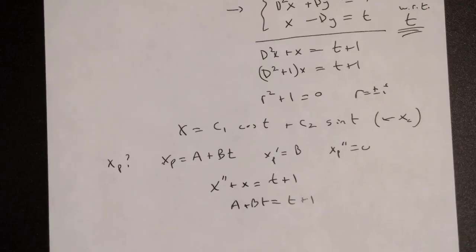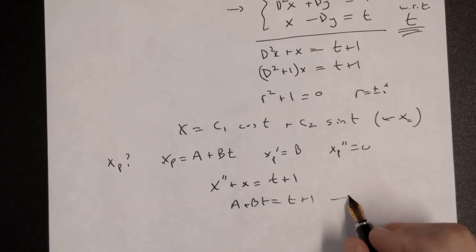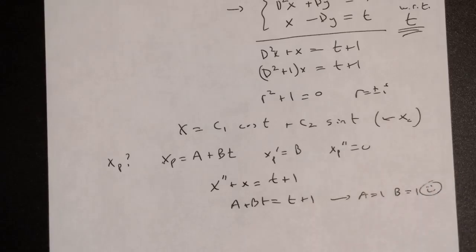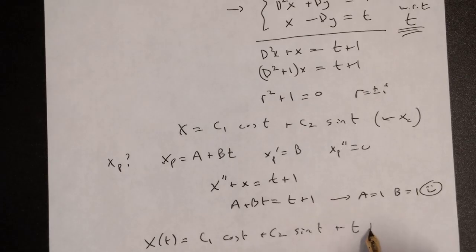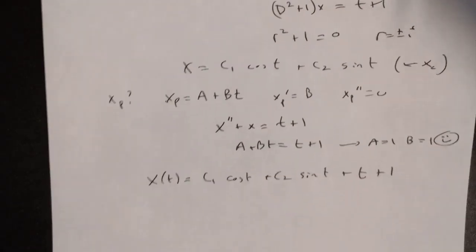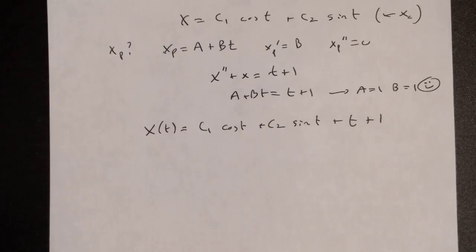A is 1, b is 1. Which means I now know x of t. C1 cosine t plus C2 sine t plus t plus 1. Or plus 1 plus t.